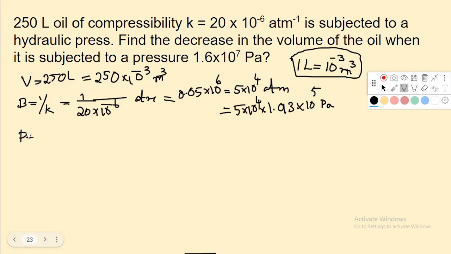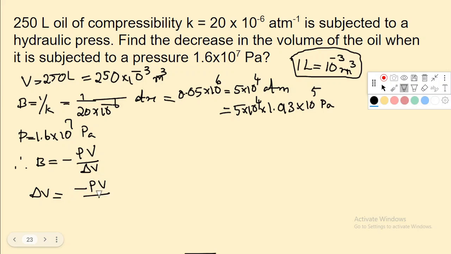And the pressure applied is equal to 1.6 into 10 raised to 7 Pascal. Therefore, let us write first B is equal to negative PV divided by delta V, or delta V is equal to negative PV divided by B. So let us substitute here.